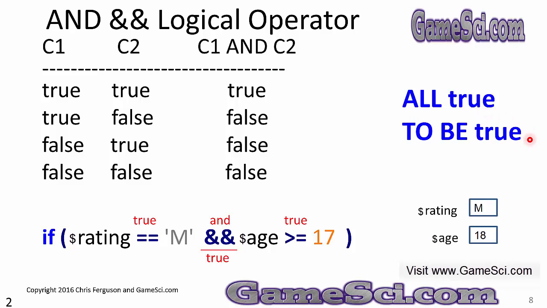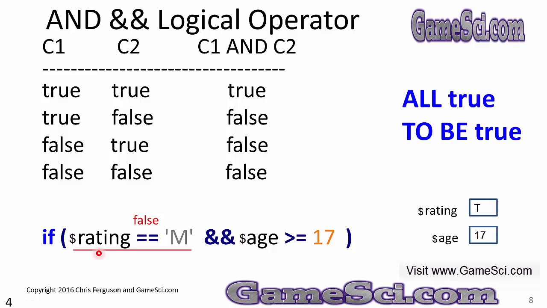Remember, all true to be true. The only time the AND produces a true result is when all the inputs are true. Let's trace this again with different inputs for rating and age. Set the rating to T for teen and the age to 17 and see what happens with this if statement and how it evaluates.